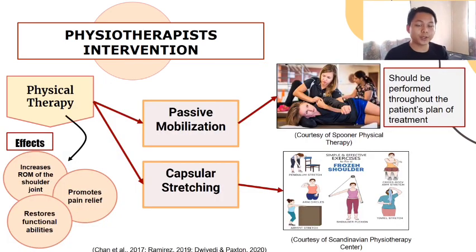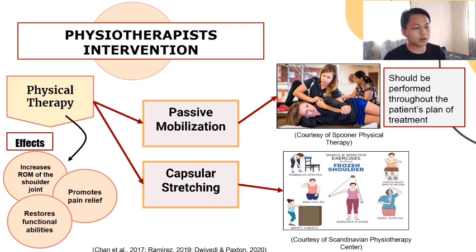After giving patient education, there are two types of physical therapy that physiotherapists can do, which are passive mobilization and capsular stretching. I will explain this more after this.